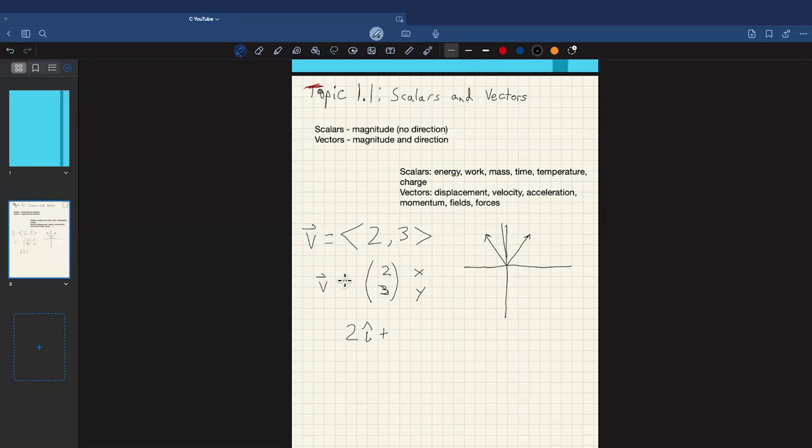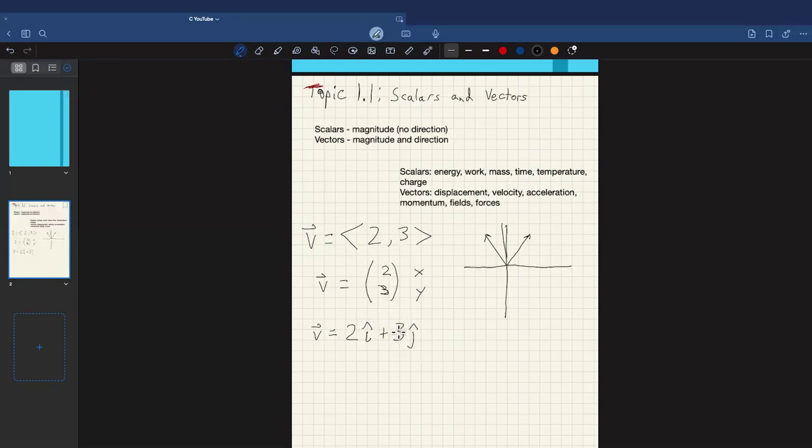And I'm just going to go ahead and call all of these vectors v. They don't represent velocity right now. V just means vector. We haven't talked about velocity yet, aside from just classifying it as a vector quantity. But the rest of that vector, that 3, the y component, is actually added to the 2 multiplied by this i with a little funky hat on top.